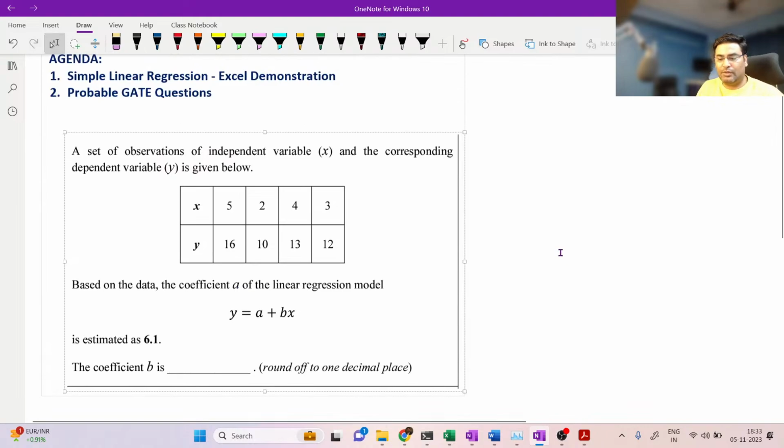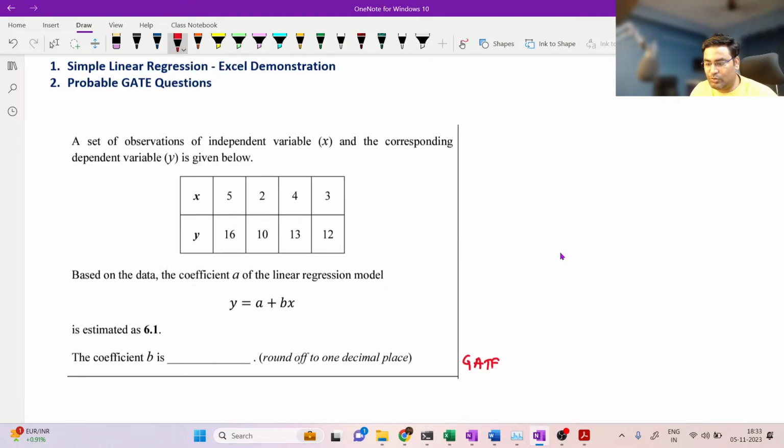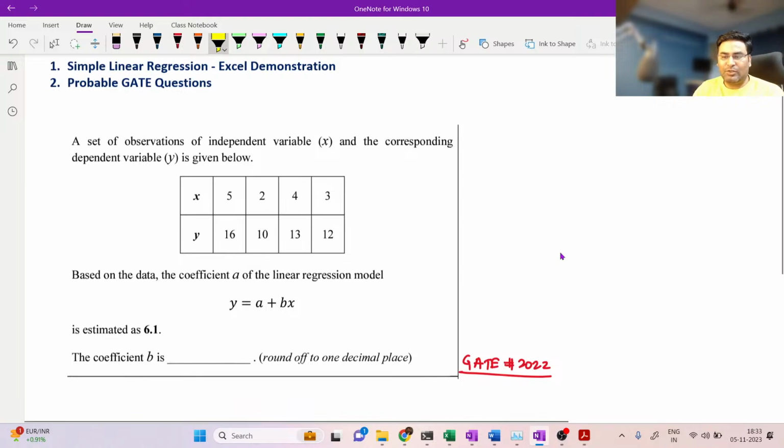Look at the question. This was asked in GATE 2022, a recent question. And if I recall correctly, it was asked in the CS paper or statistics paper. Let's go through the question.